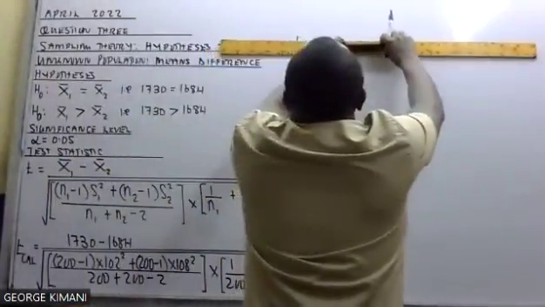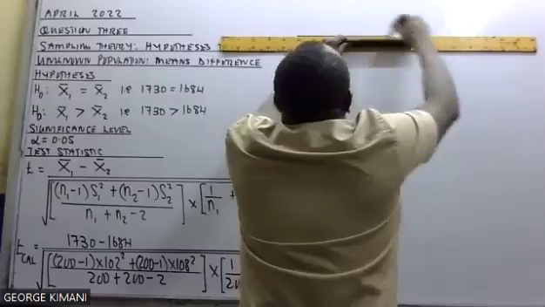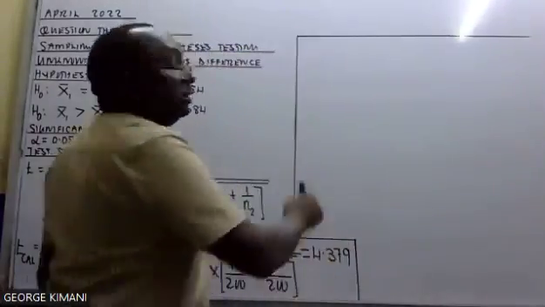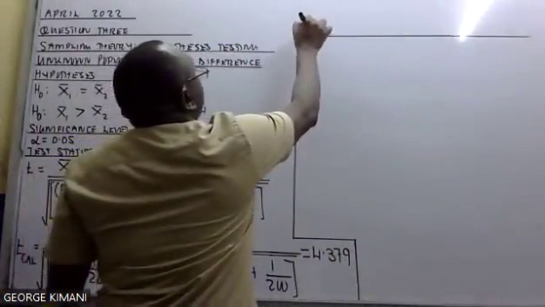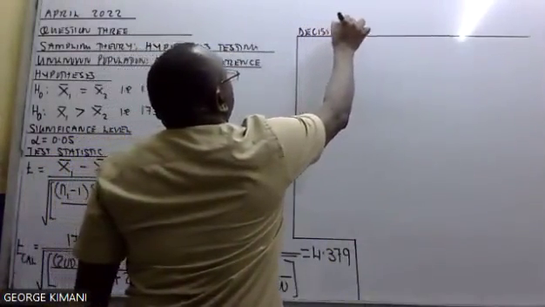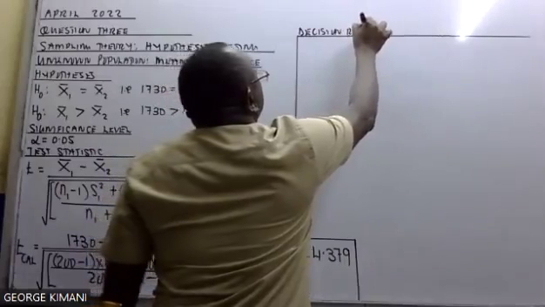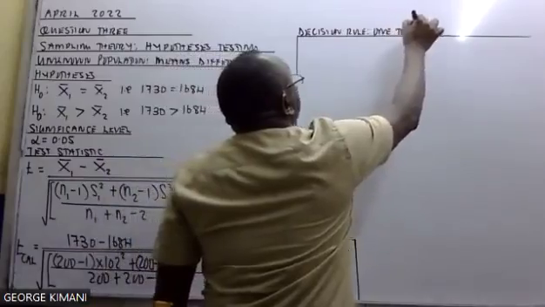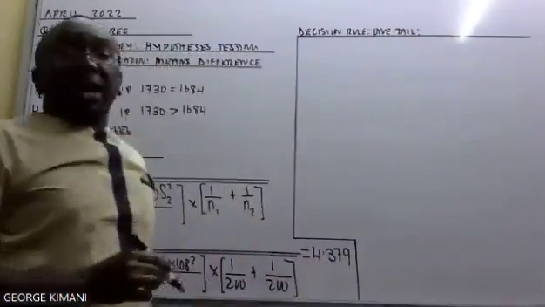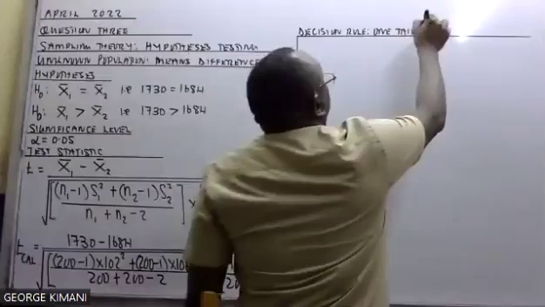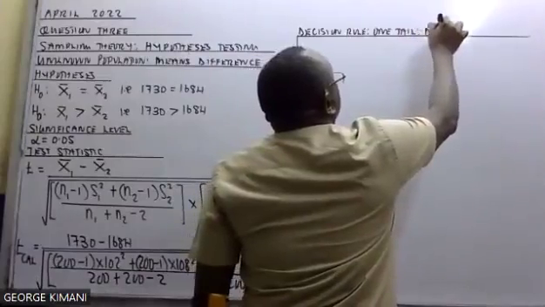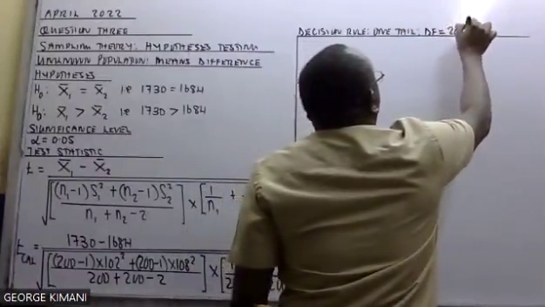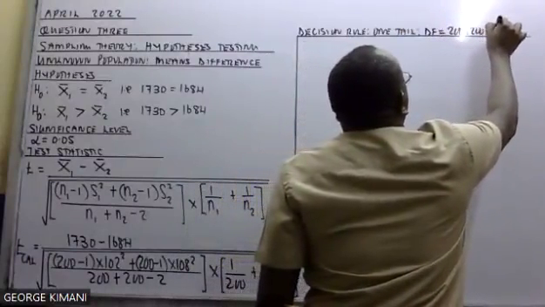So the next step is the decision rule. And this decision rule is what we call one tail. The degrees of freedom will be 200 plus 200 minus 2.